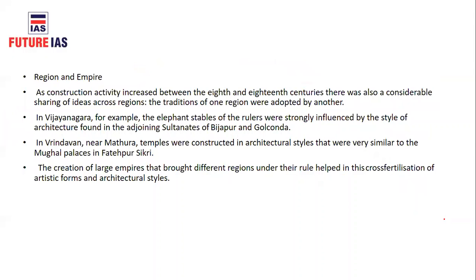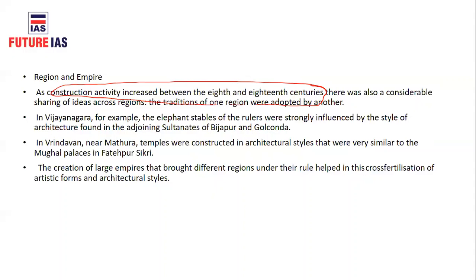Let's understand the construction activity, which increased between the 8th and the 18th century. These construction activities increased, and it was sharing ideas across regions, because as the construction activities and the empire increased, the tradition of one region was adopted by another region, so they also started adopting different features from distinct lands.